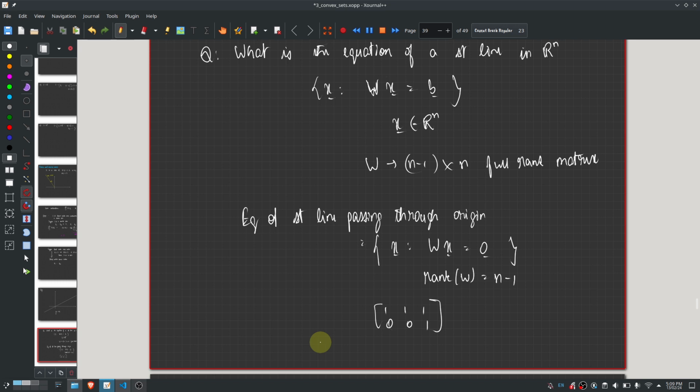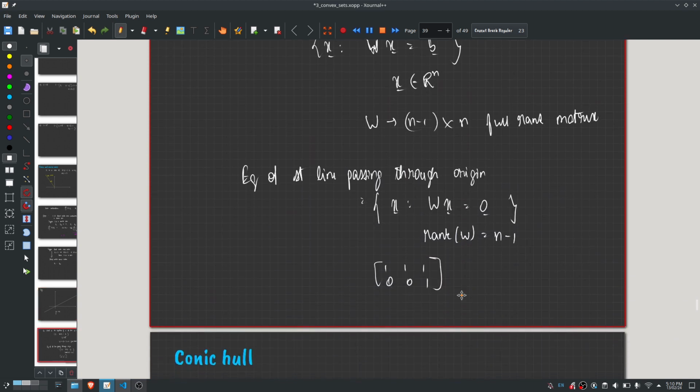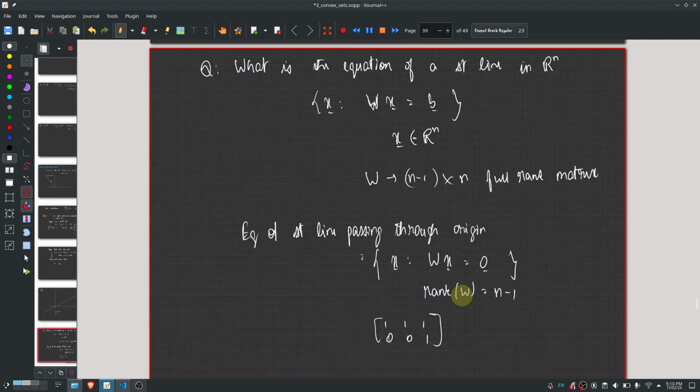Try to plot the set of all x satisfying this matrix times x equal to the 0 vector. Also, this matrix times x equal to, let's say, (1, 1). All right. So coming back, is this a cone?